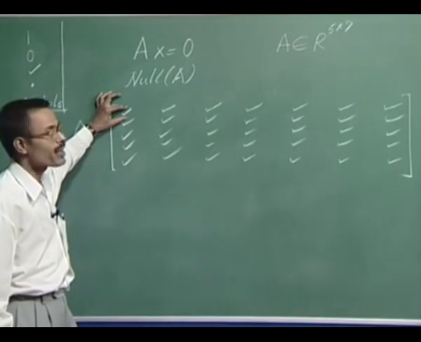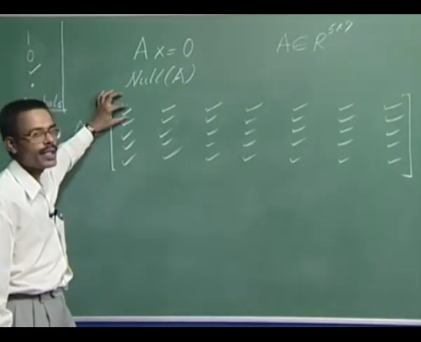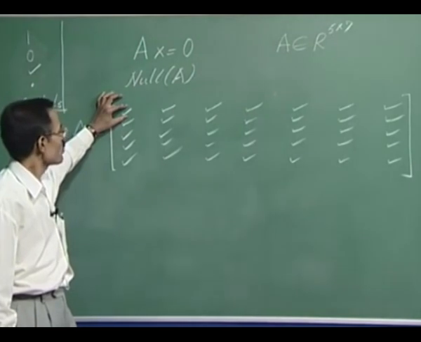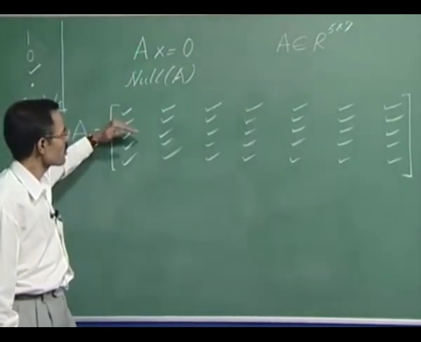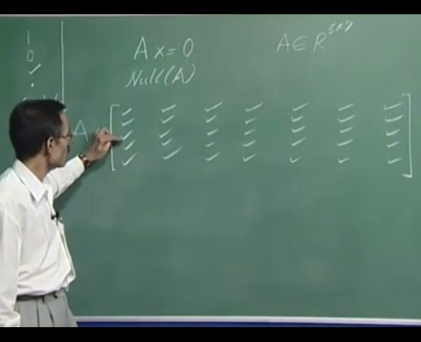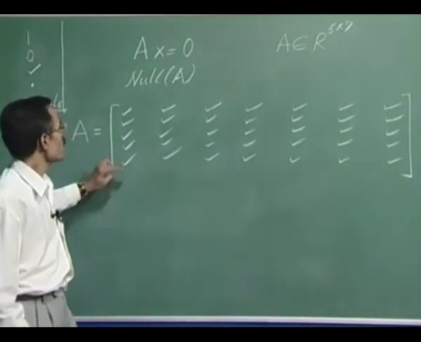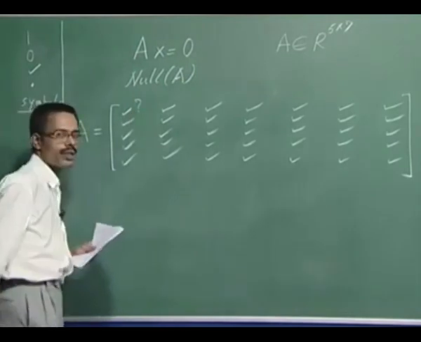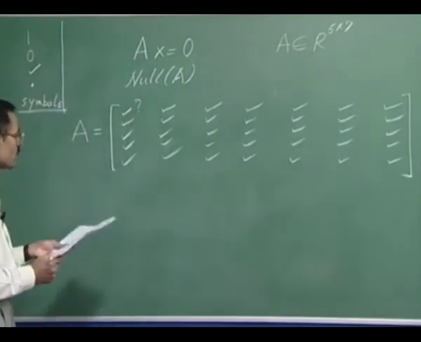For that, we examine whether this number is 0 or not. If it is 0, then we would like to interchange rows to get a non-zero number here, either from here or here or here or here. So, first we see whether this is 0 or not. In the first case, suppose we find that it is not 0.